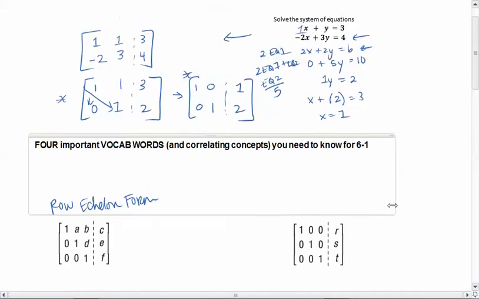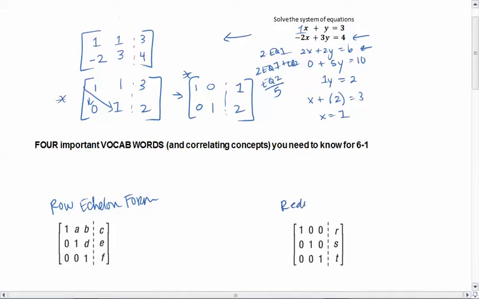This last one we did, where we have 1s on our diagonal and zeros everywhere else, except to the right of our augmented matrix, is called reduced row-echelon form. These are long words, so row-echelon form I'll tend to abbreviate as REF, and reduced row-echelon form I'll tend to abbreviate as RREF.